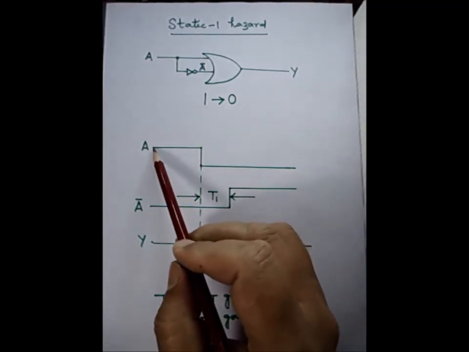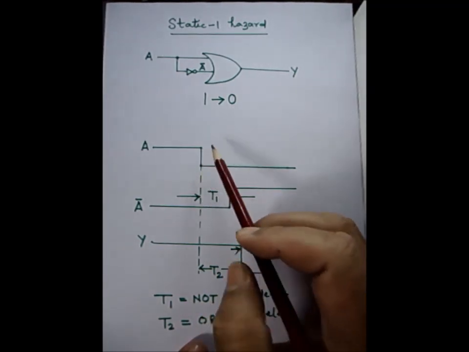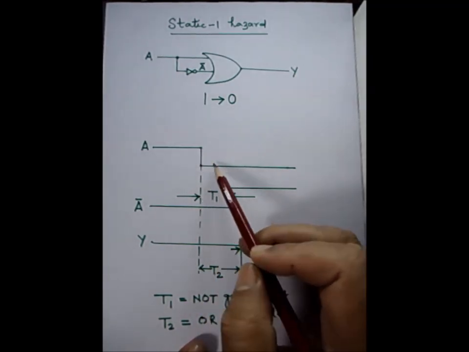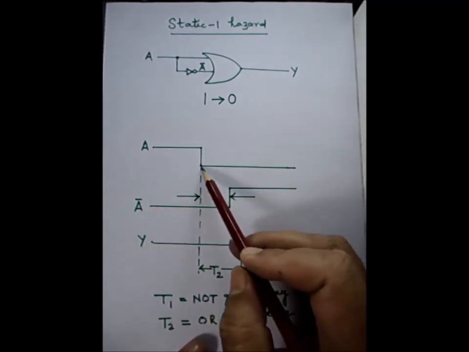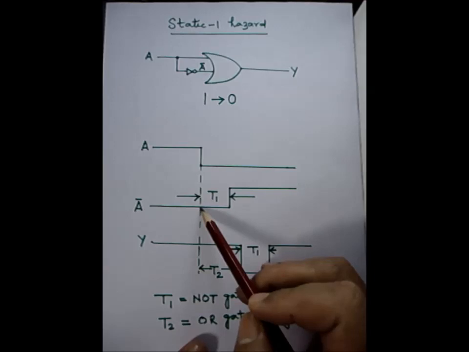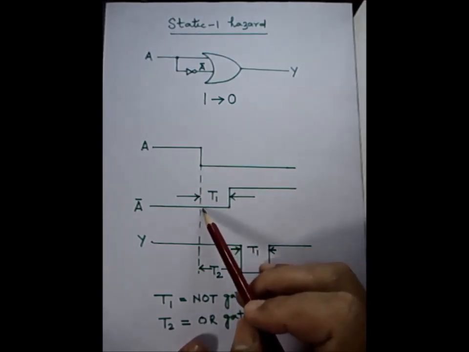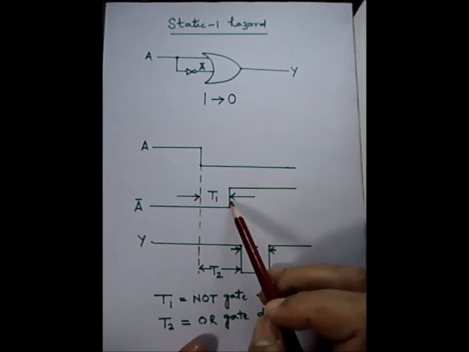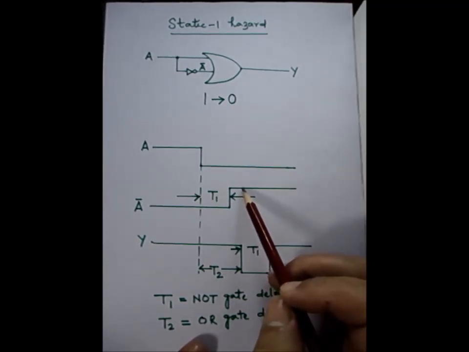You can see here the signal A, and the transition from 1 to 0 takes place, but the transition of the complement of A does not take place immediately. It takes a period of time, T1, and then it changes to 1.